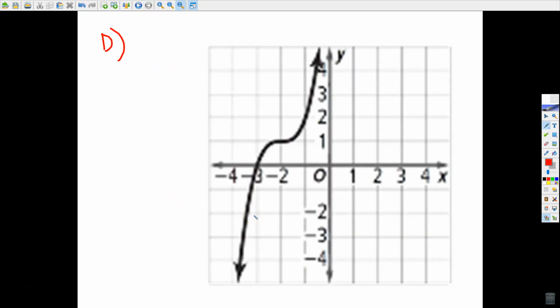Okay, I don't have line symmetry here because if I do draw a vertical line, I don't have sameness on both sides of that line, but I do have point symmetry. And once again, you kind of have to use that idea of a rotation of 180 degrees, or you might want to think too of this idea of a turning point.